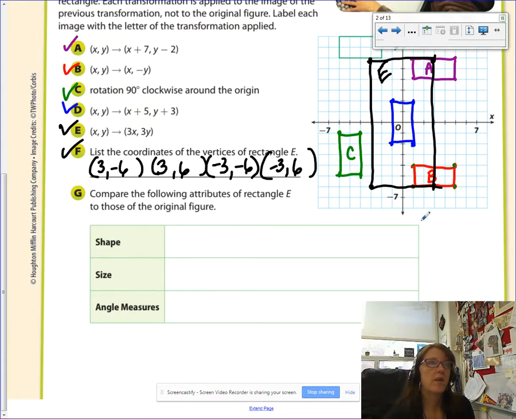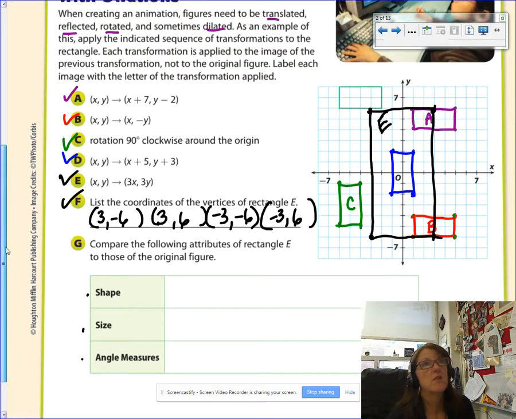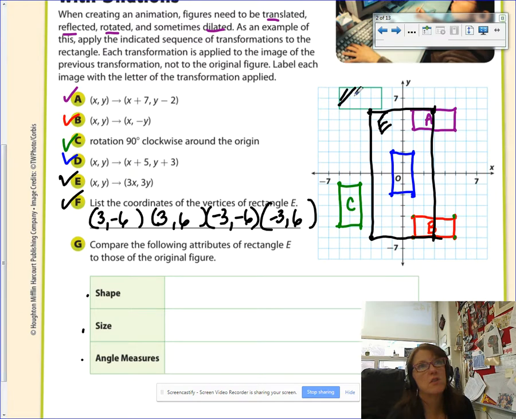So now I want you to compare the following attributes: shape, size, and angle measures of the corresponding parts of our final one here, rectangle E, to the original one, which was this original green one. I'll make stripes there, okay? The shape, it's still a rectangle.